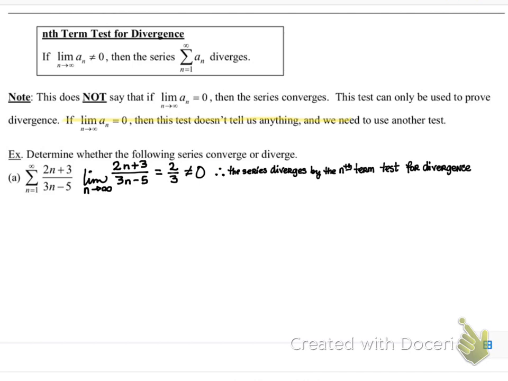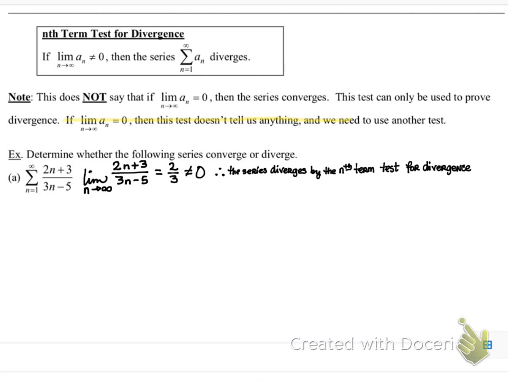So we see that the limit of the terms is 2/3, which is not 0. Therefore, the series diverges by the nth term test for divergence. Because no matter what you do, that series, when you sum it, is not getting closer and closer to something.